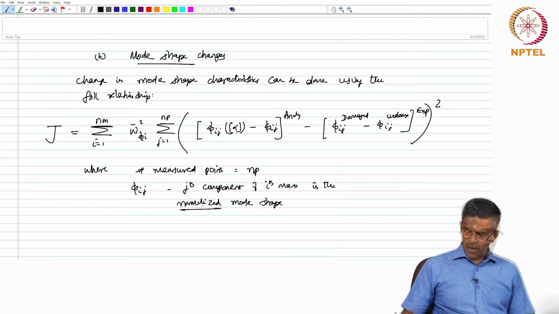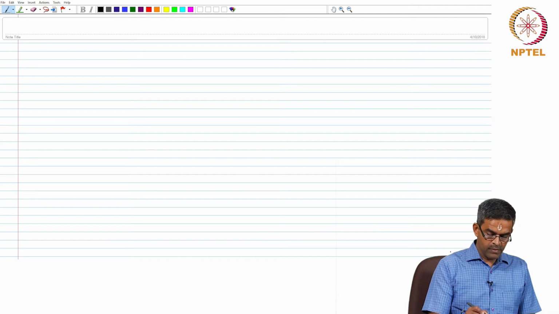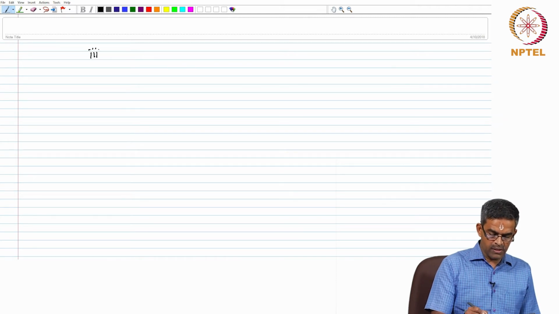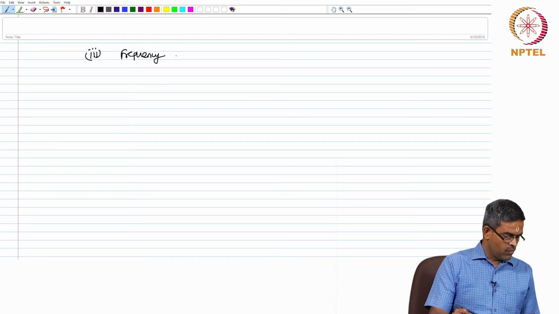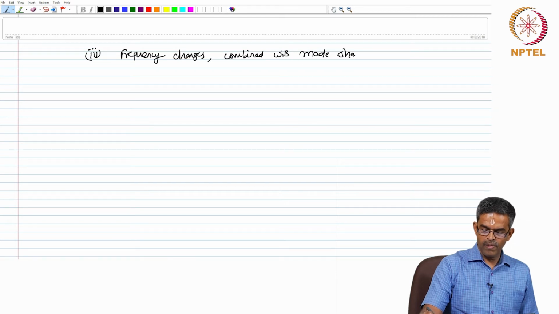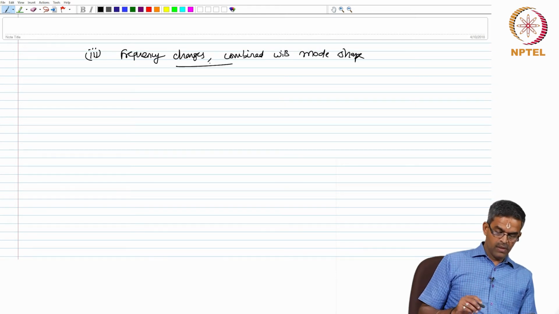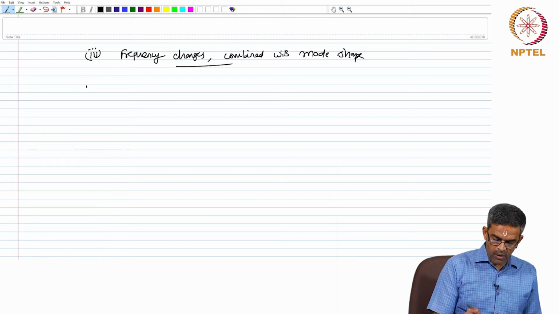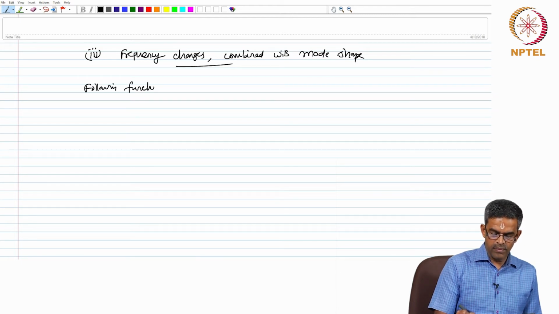That is important. I can also do this by looking at the frequency changes. Frequency changes combined with mode shape can also be done. The following function is valid.